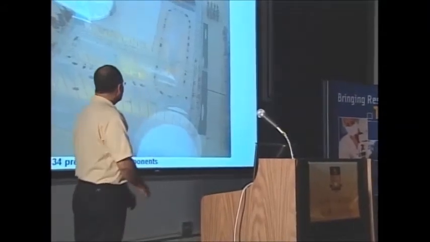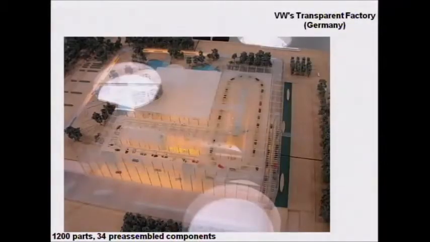Robotics have been applied extensively in factories, especially for car manufacturing. This is a new development in Germany. This is a transparent factory built in Germany to build cars. In this transparent factory, as is obvious from its title, the cars can be seen from outside, and you can see how your car is being manufactured.